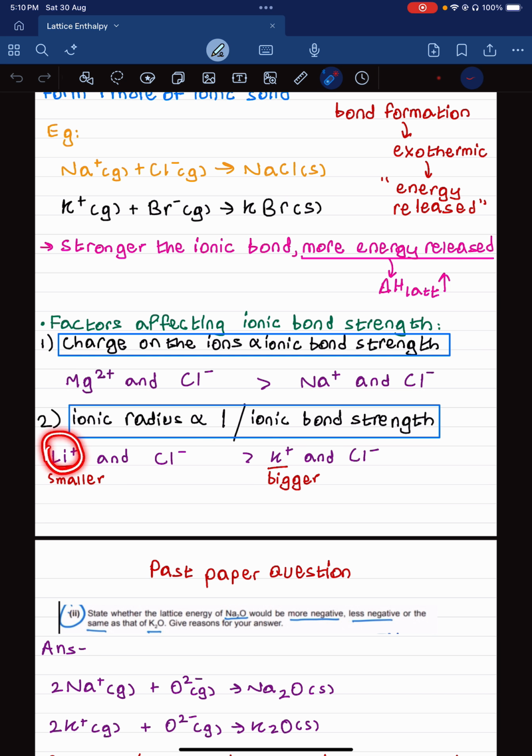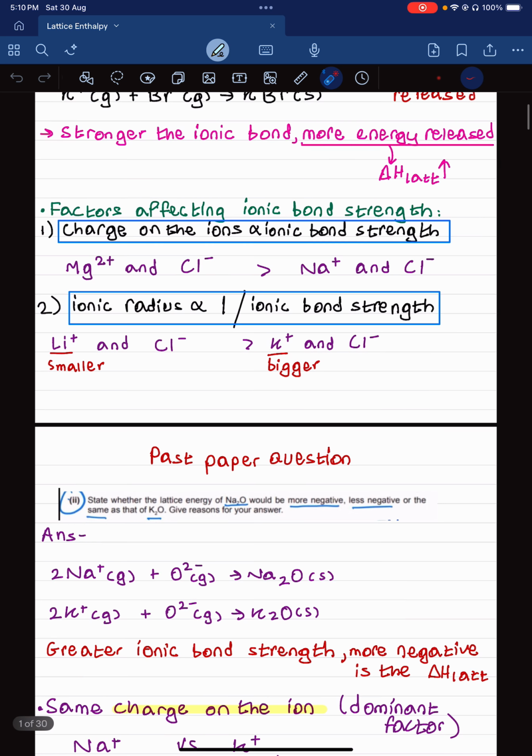A lithium ion is above, or in a higher position, in the group of the periodic table, but a potassium ion is lower down in the group. What does that mean? As we go down the group, the atomic size and the ionic size increases. This means a potassium ion has a bigger size. A lithium ion has a smaller size. Now, what does that mean?